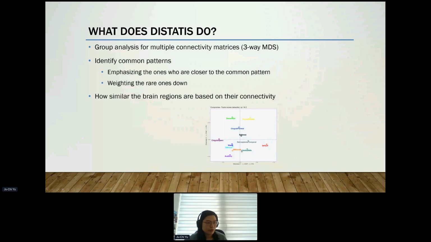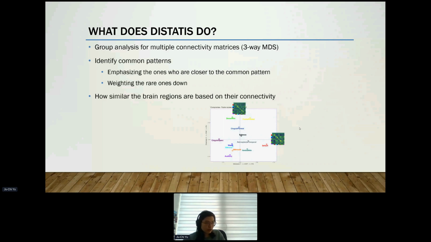From here, we could see that, for example, on dimension 1, default mode is opposite from the sensorimotor network, and this is different from or orthogonal to the dorsal attention network. And on the second dimension, you have dorsal attention versus ventral attention or auditory. And what you could also do is to build back the low rank matrices to find out what pattern each dimension represents.